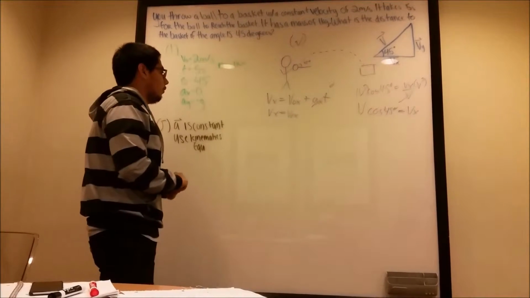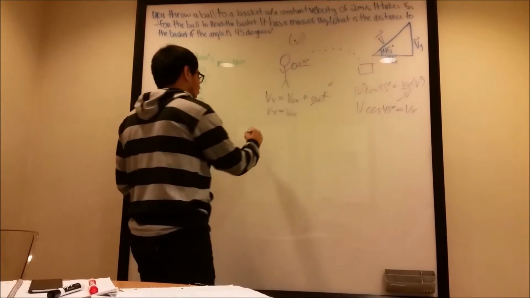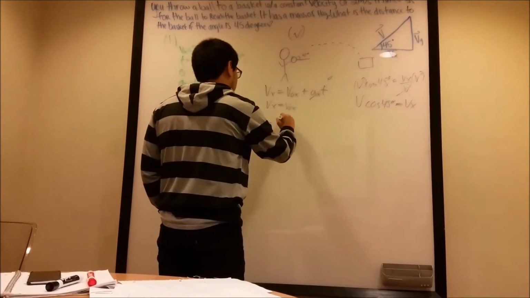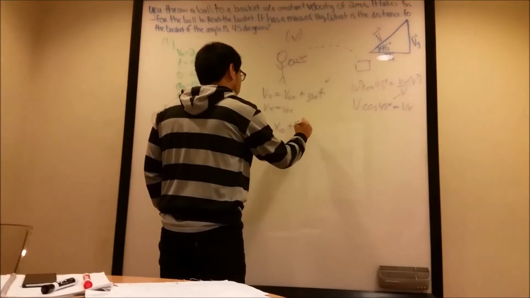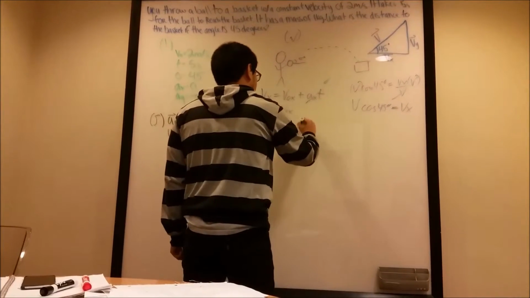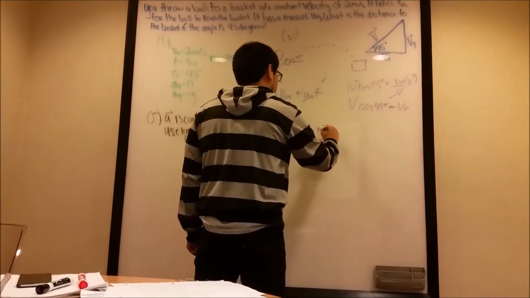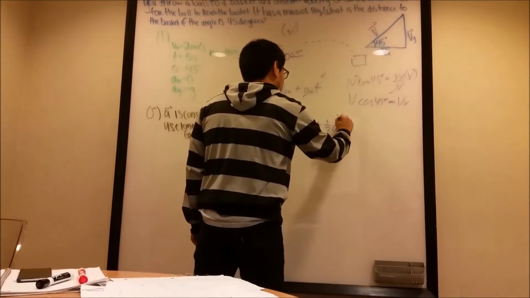Okay, so now we're going to try to find distance in the x direction. So we have x is equal to x initial plus v of x times time plus 1/2 a t squared.